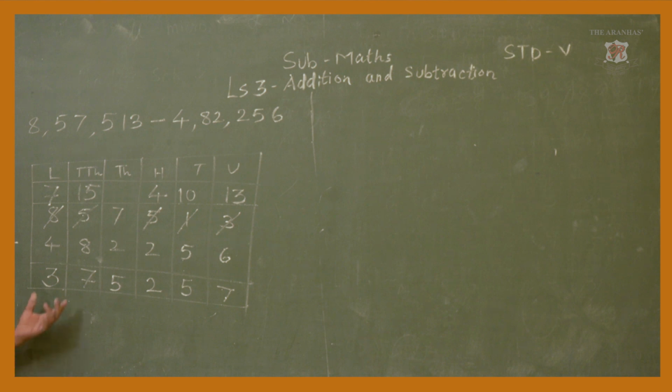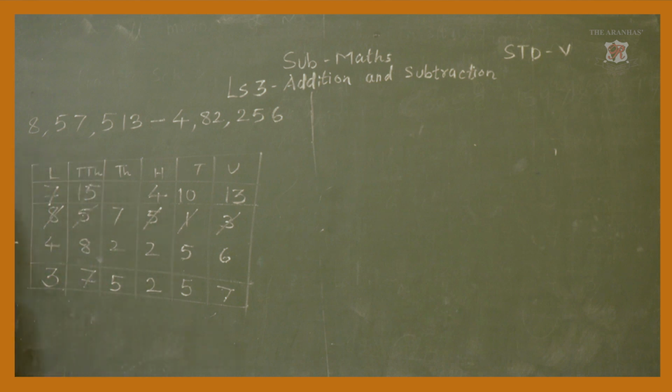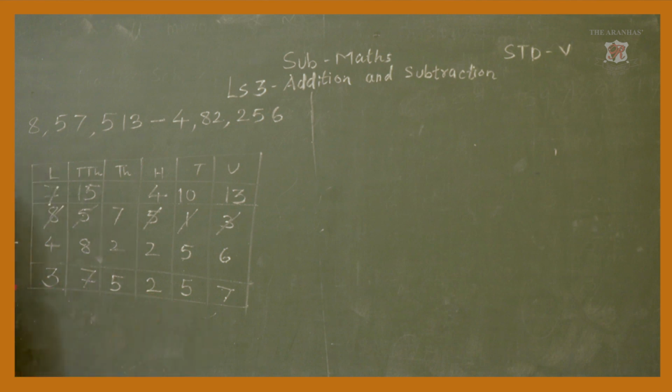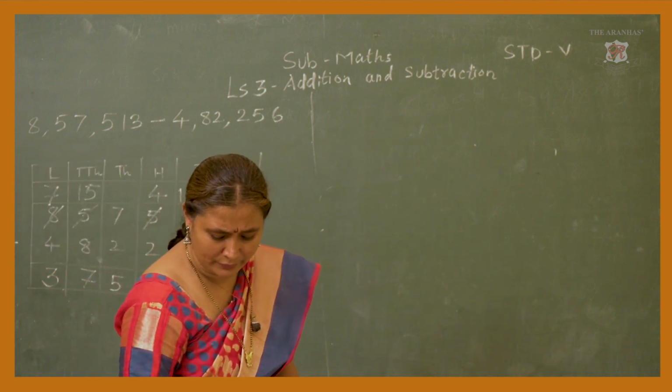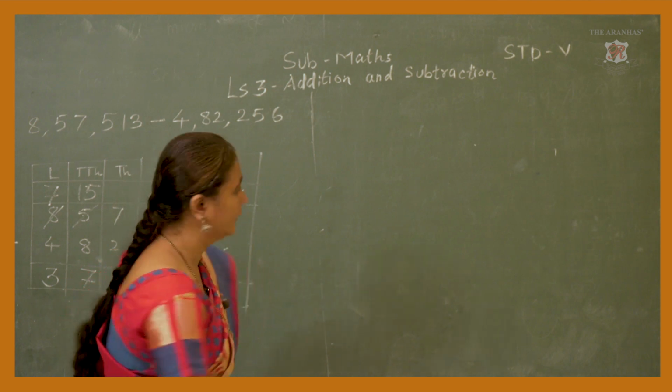So, your answer is 3,75,257. Okay, in the same way, take one example of 7-digit number and then do the sum.